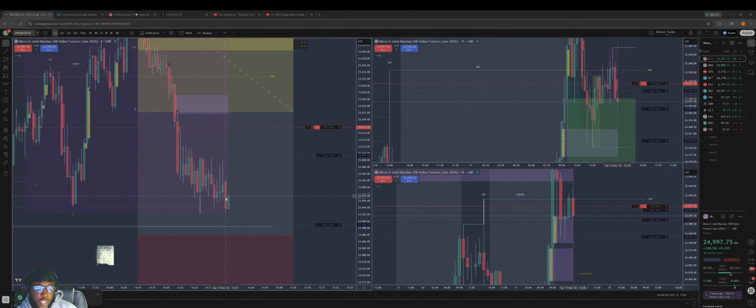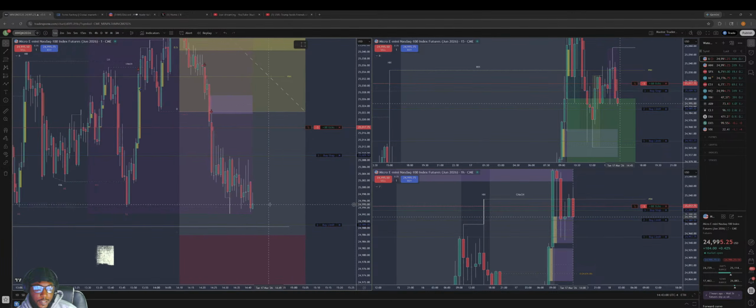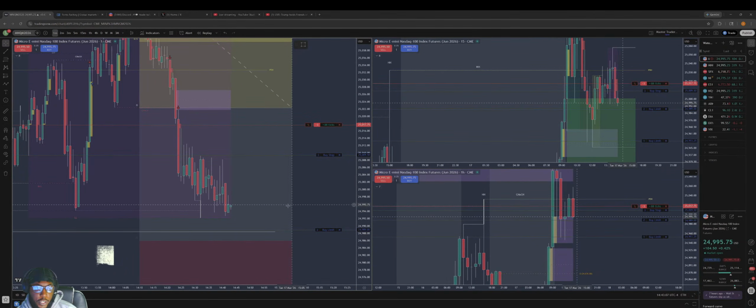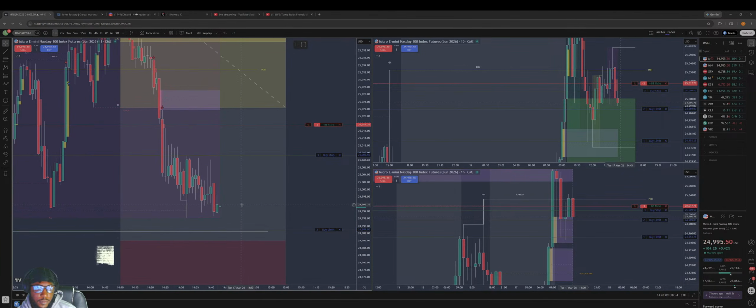Because after a red candle like that, you generally want to see the next candle follow through. Like I said, these buyers and sellers are just tugging for price right here. No clear winner right now.